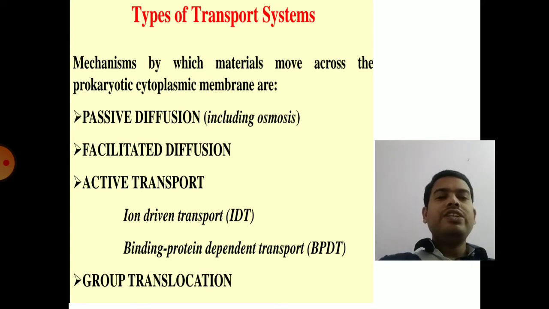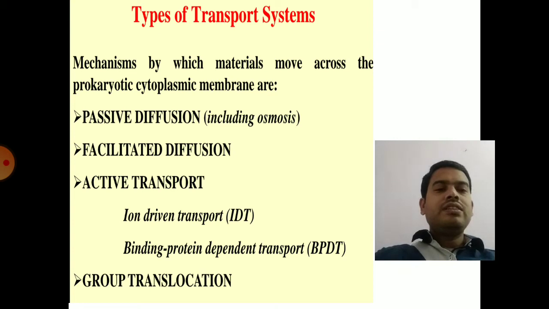Passive diffusion is also called simple diffusion. The diffusion is based on the concentration gradient, from large concentration to small concentration. The particles are transported from large concentration to small concentration.